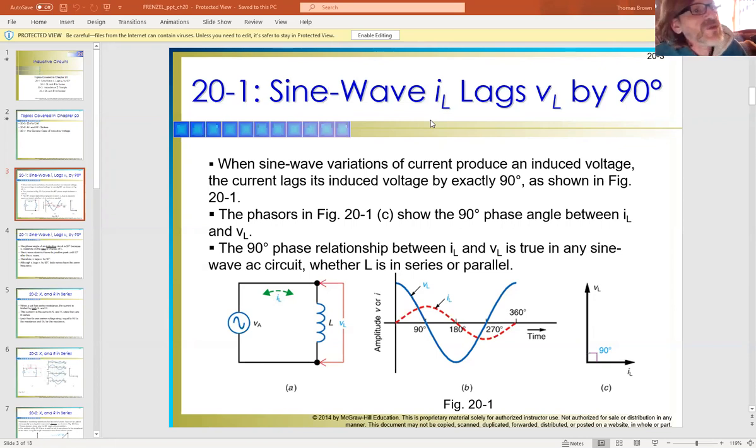What this is supposed to help you remember is the properties of inductors and capacitors. With ELI, the L in the middle represents inductors, and it basically says that the voltage is ahead of the current.